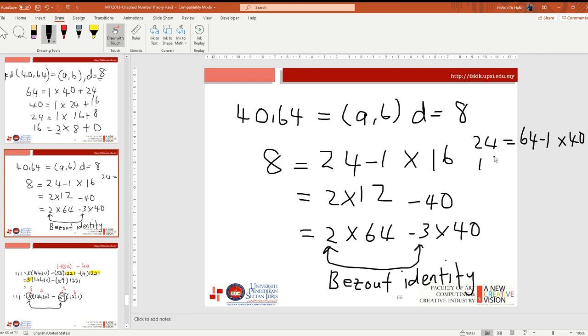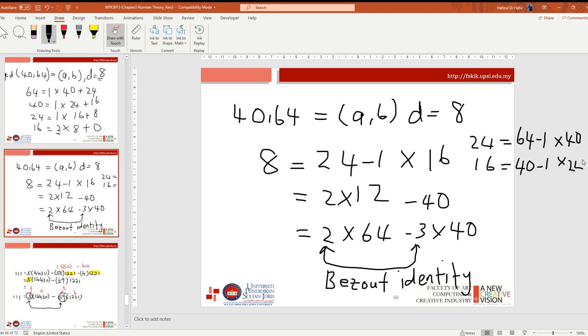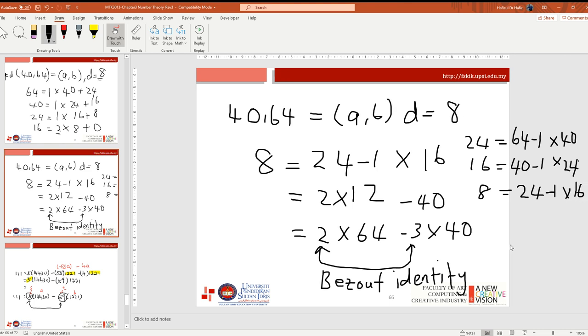Kita dapat 16, 40 tolak 1 dah nak 24. Kita dapat 8, 4 tolak 1 dah nak 16. Okay. Jadi yang ni kita namakan dia sebagai result identity lah.